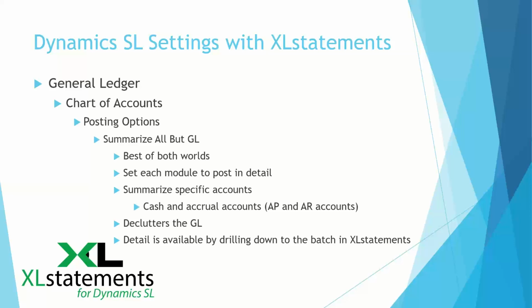And this option called Summarize All but GL gives you the best of both worlds, because you set AP to post in detail, but for your accrual accounts, your accounts payable account, and your accounts receivable accounts, you say let's have those summarized. You would also typically do this for your cash accounts.